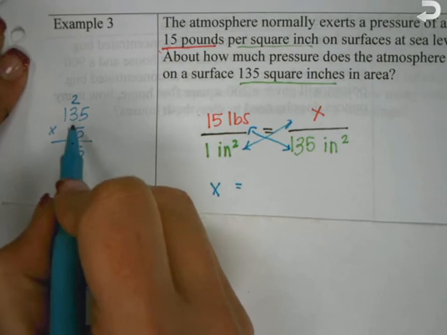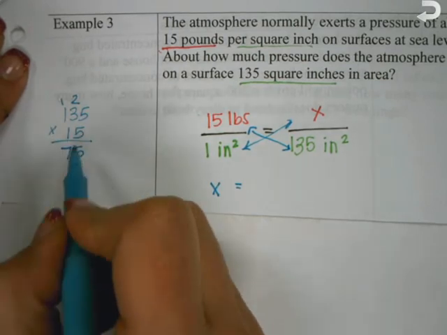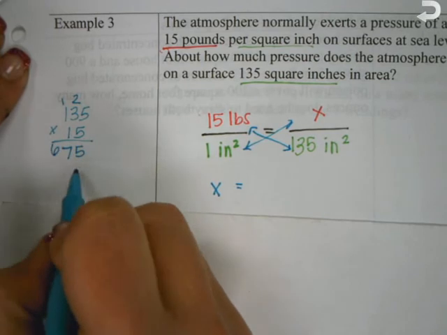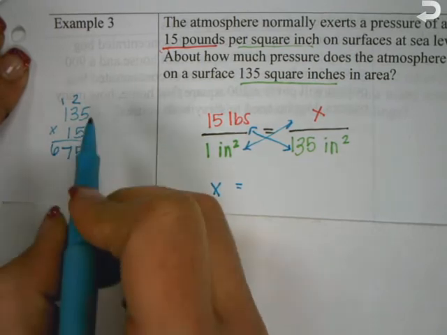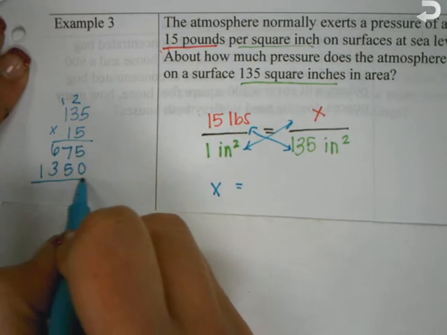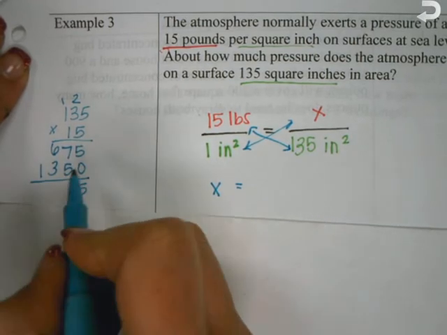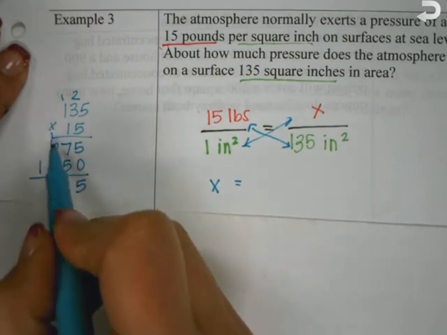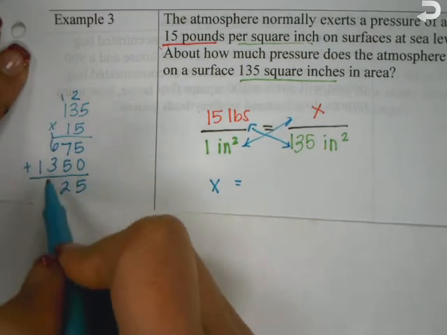Placeholder, 5, 3, 1. 6, 10. So X equals 2,025 what? Pounds.